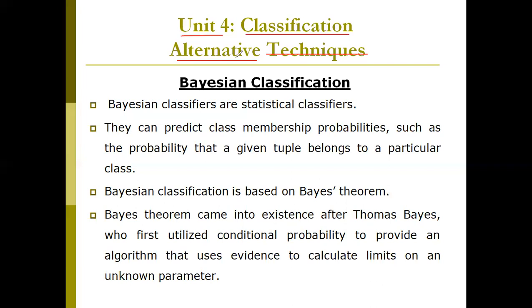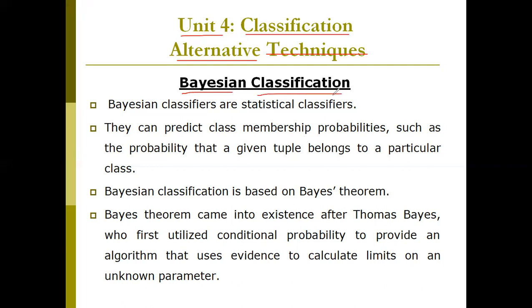Till now we have discussed the decision tree under the third unit, but in this unit we are going to learn some slightly different classifications. Now, in the fourth unit, the first concept is Bayesian classification.